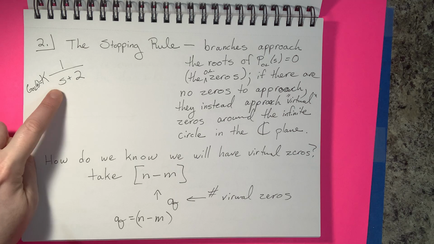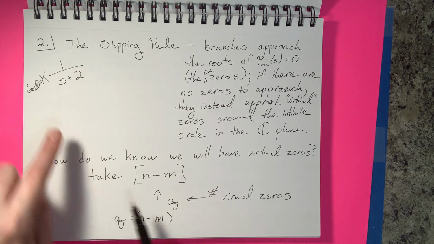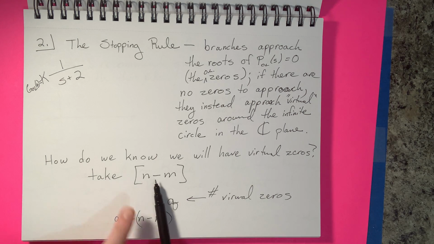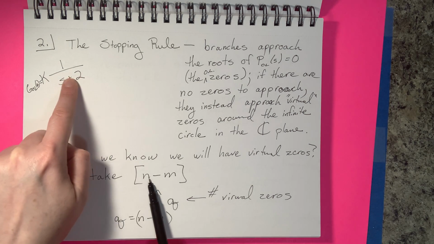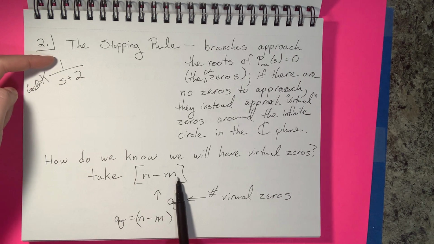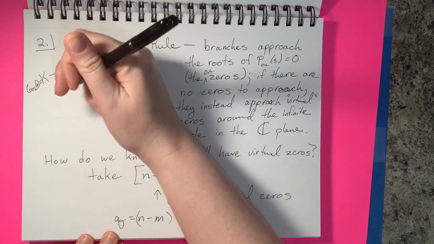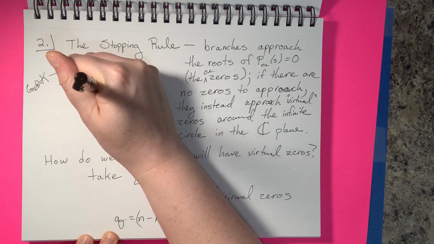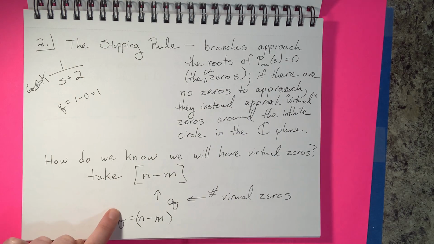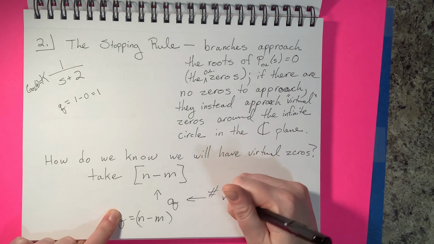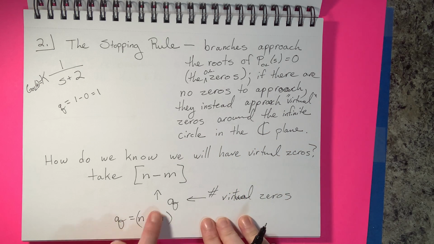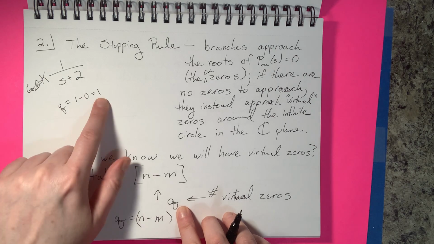So therefore, I should have 1 virtual zero, and we have a formula to figure that out. So you'll take n, order of the denominator, minus m, which is order of the numerator, in this case it's 0. So we solve for that. We have 1 minus 0 equals 1, and we call that number q. Q is the number of virtual zeros. And we have to spell it right. Virtual, just like so. Okay, so in this case, our q is 1.